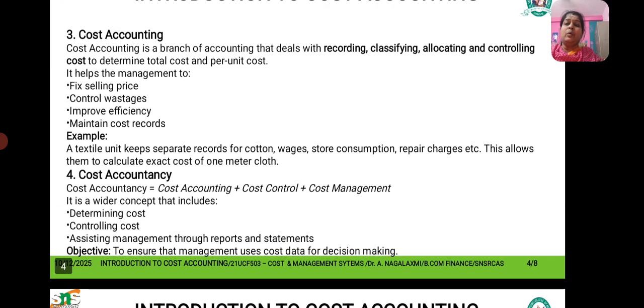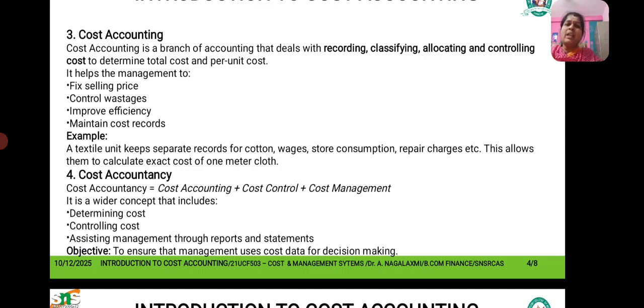Now we are into the next concept, cost accounting. Cost accounting is a branch of accounting, like financial accounting, management accounting, corporate accounting, partnership accounting. It is also a branch of accounts, but it deals with recording, classifying, allocating and controlling cost.